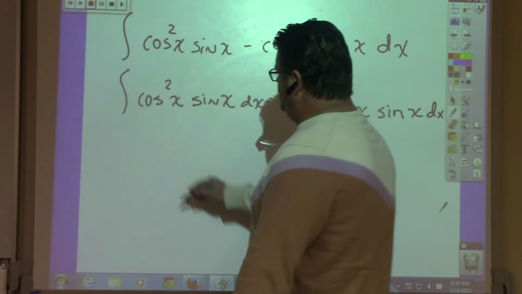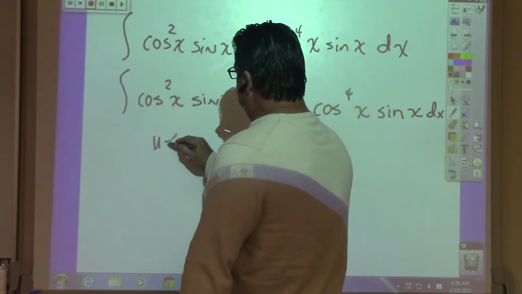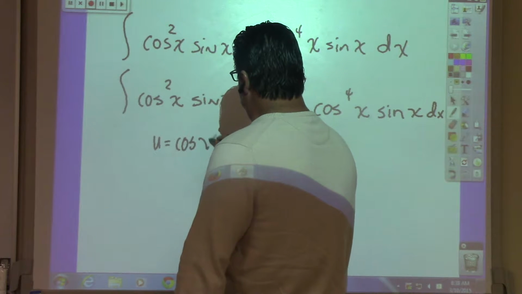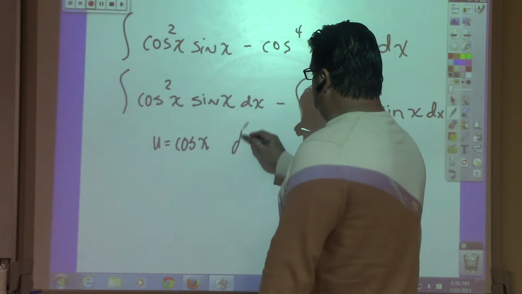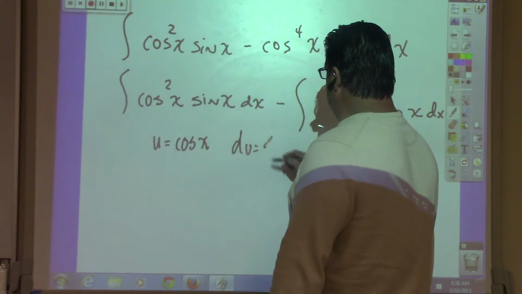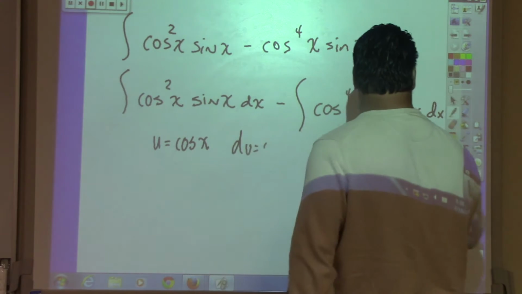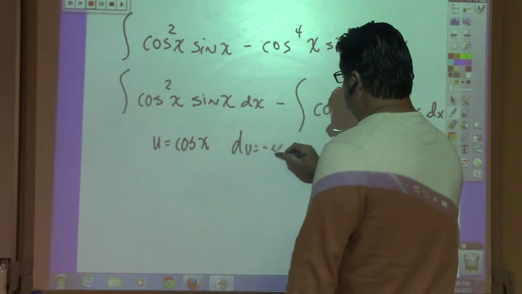So if I make u equal to the cosine of x, then du is equal to the negative sine of x.